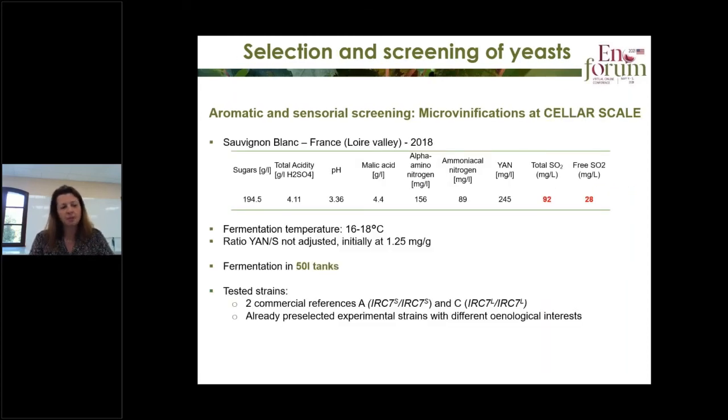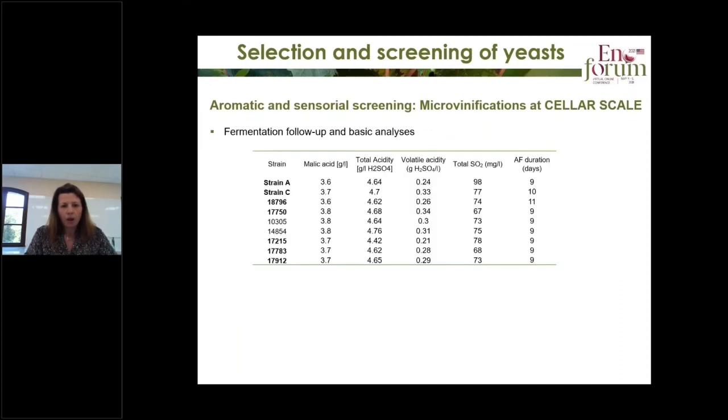To validate lab scale results, a fermentation was led in an experimental cellar in Sauvignon Blanc, with the selected strains and the same reference strain as before.